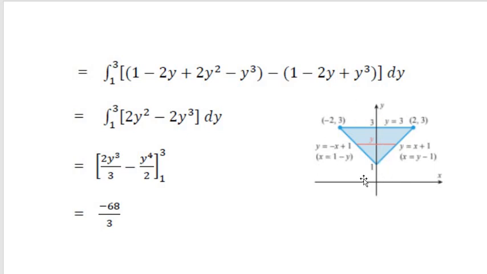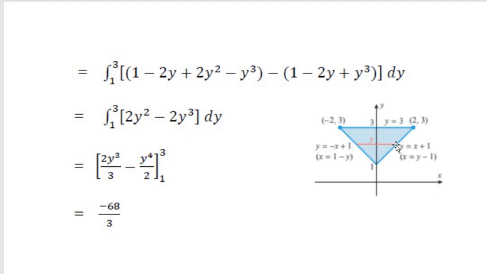So here we cannot consider this as type 1 region. If we consider this as type 1 region, we need to split the region into two, because if you consider a vertical strip here, then lower limit is from y equal to x plus 1, and if you consider a vertical strip here, then lower limit is from minus x plus 1, but upper limit is same, that is y equal to 3, which means that there is no uniqueness in the lower limit of y.